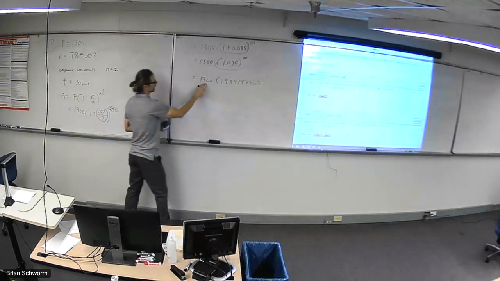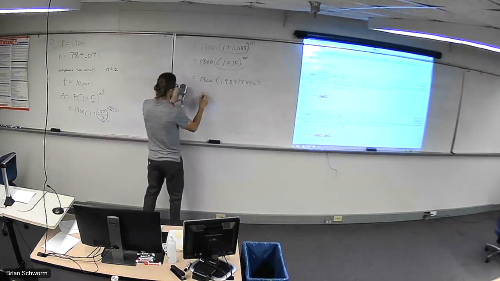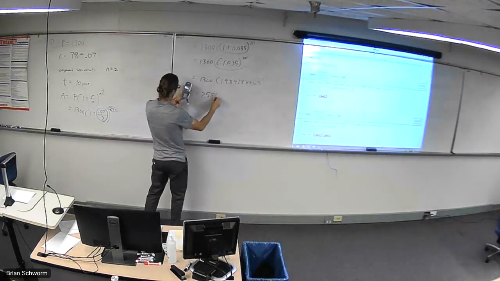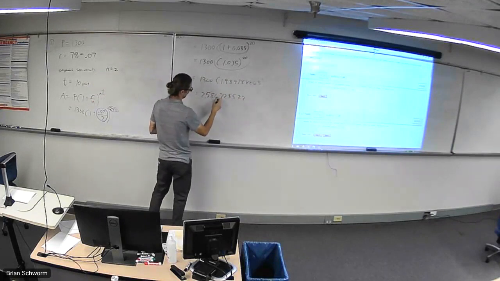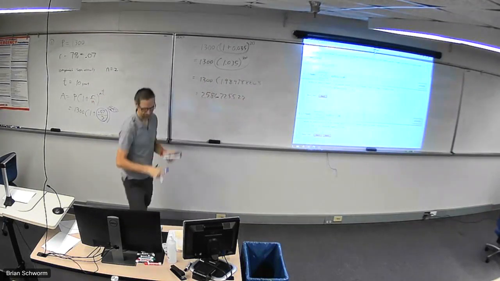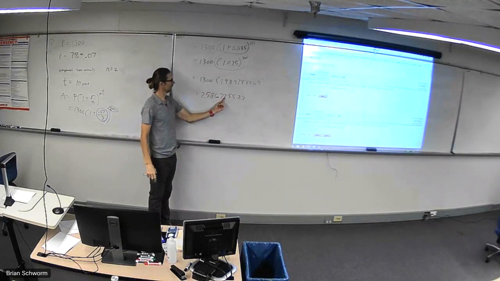Finally, last step here. Multiply by the 1,300. 2,586.72552. Round that to 2 decimal places.